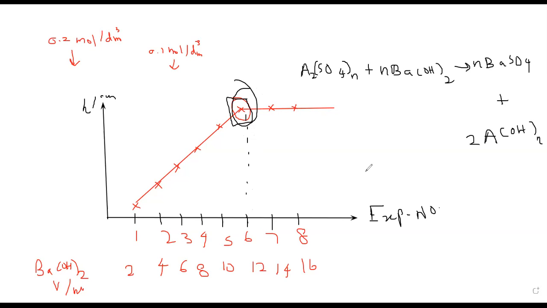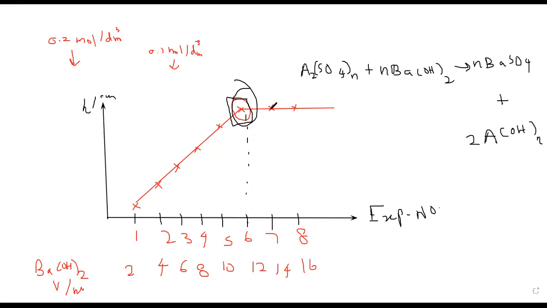So how can we take the stoichiometry ratio? In the sixth experiment, we are sure they are totally reacted, without excess, fully finished. No excess of A2SO4 or barium hydroxide.